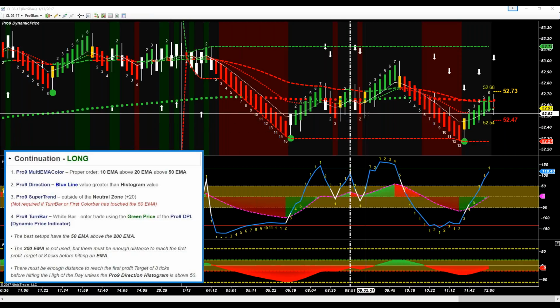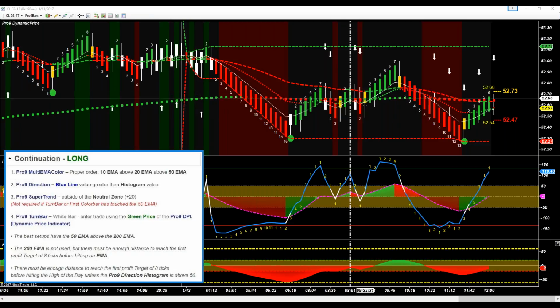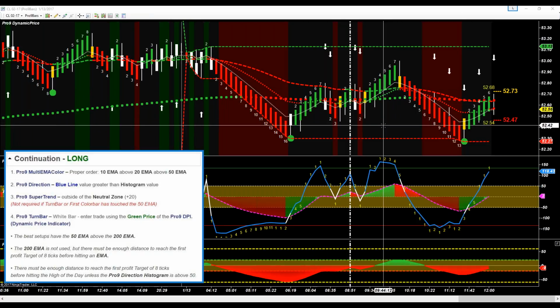So if the super trend is not outside of its neutral zone in the correct direction of the trade, and the turn bar does not touch the 50 at some point during its creation, the bar will be yellow, letting you know that this rule was not qualified. So whenever you see a yellow turn bar, it is likely that if that is a continuation or single T, it will not be qualified because the super trend is not qualified, and we can also not ignore the super trend.